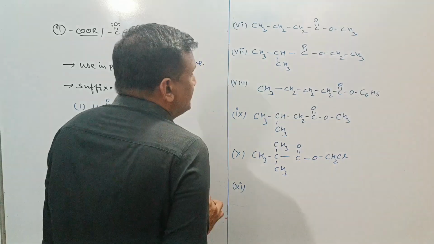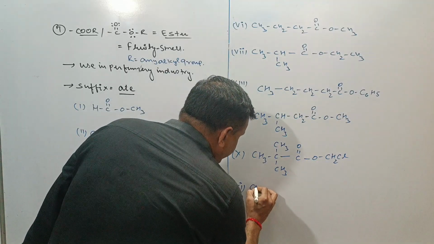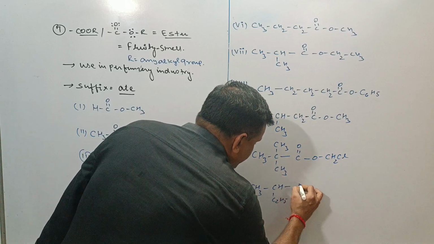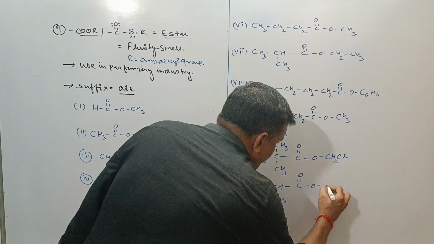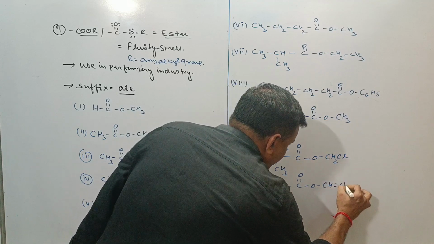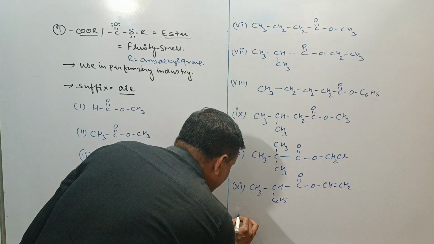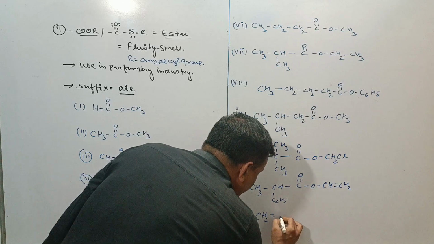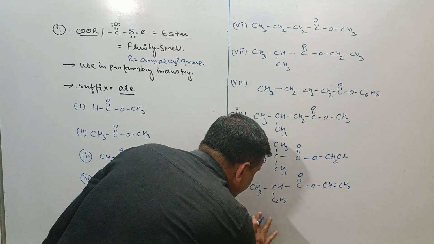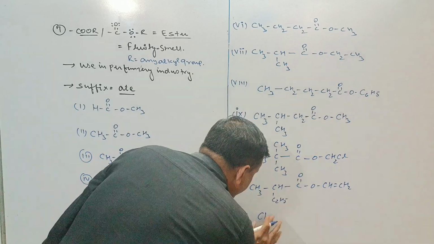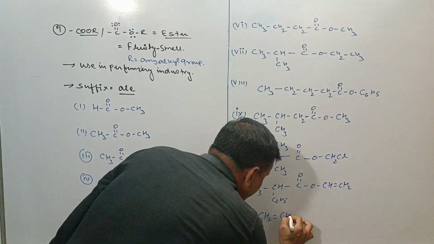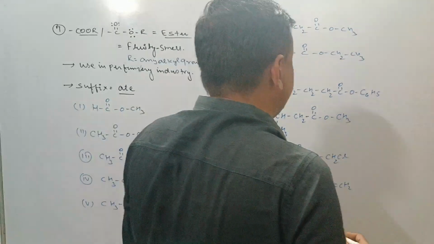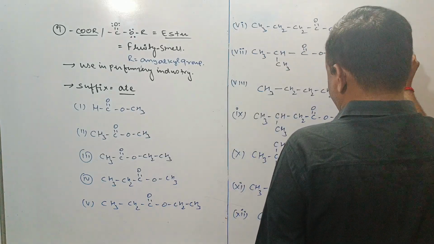The 11th compound is CH3CHC2H5COO, with CH double bond CH2. The 12th compound, CH2 double bond CH COOCH3, that is also important.